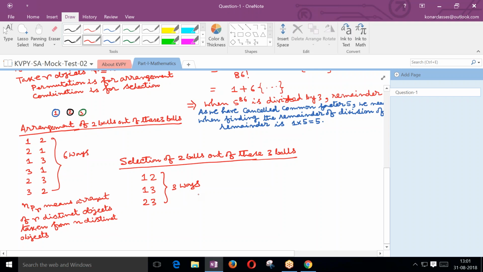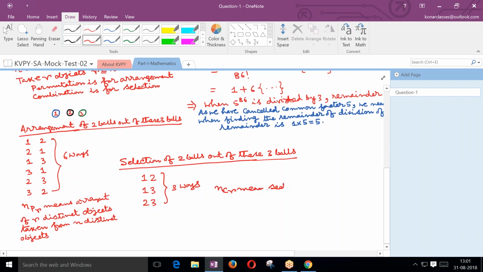But for selection, it is called nCr, which means the selection of r distinct objects taken from n distinct objects.